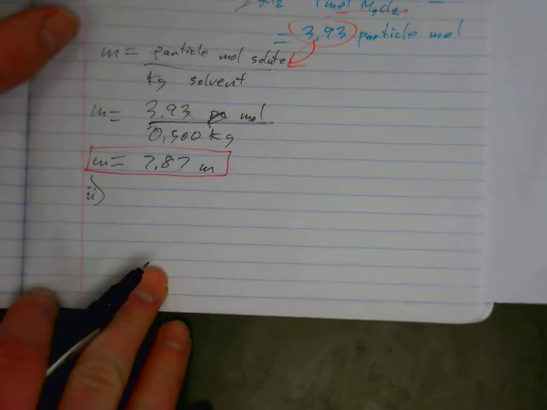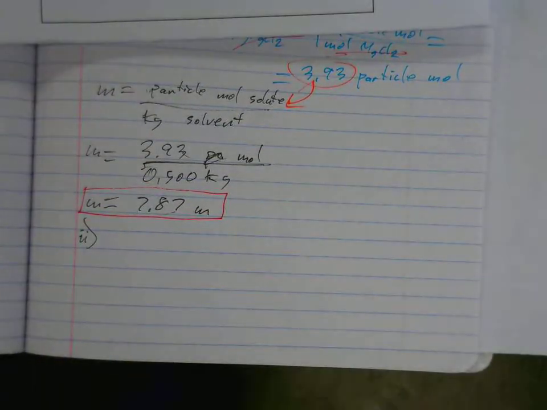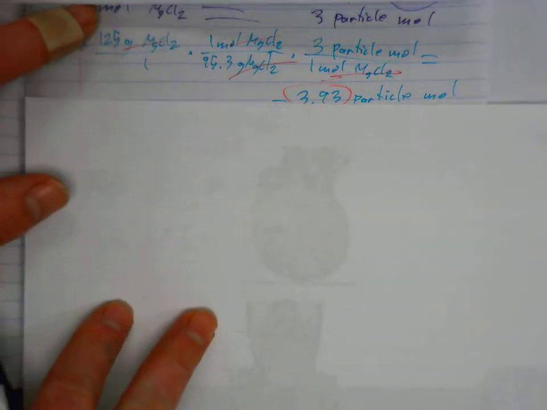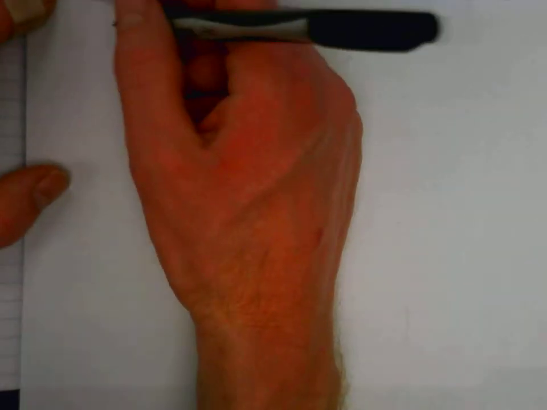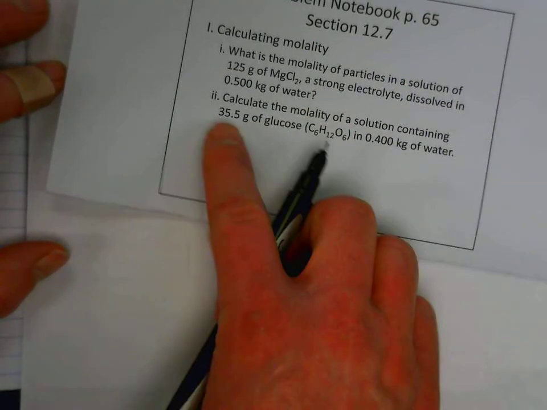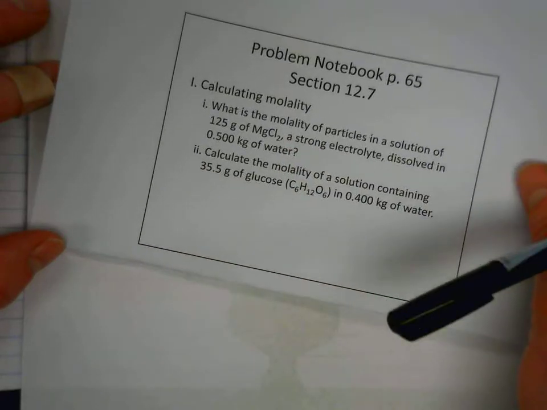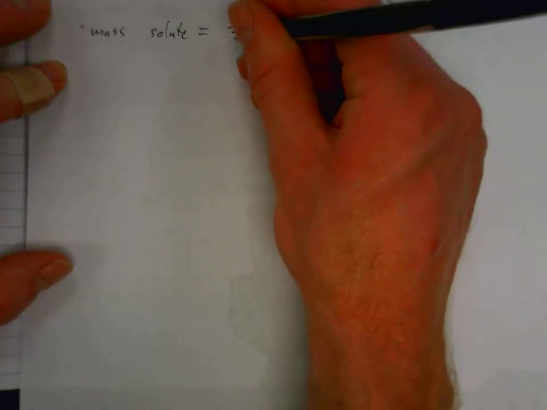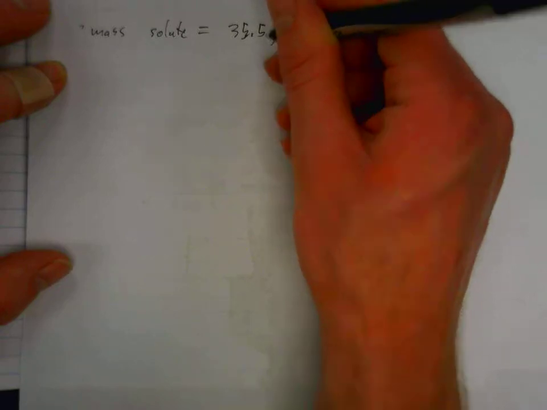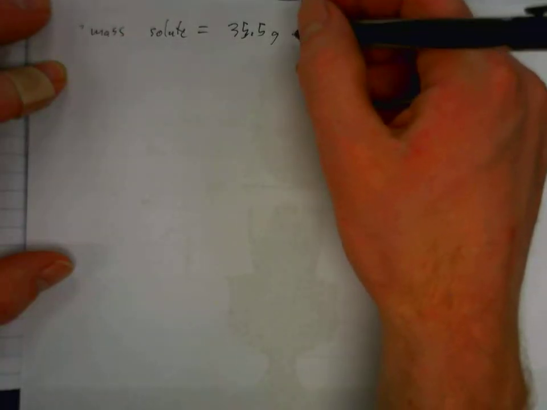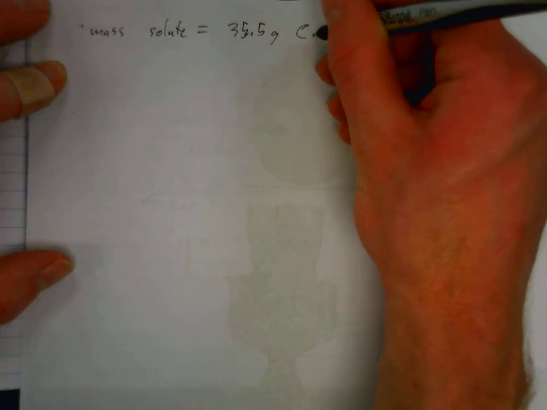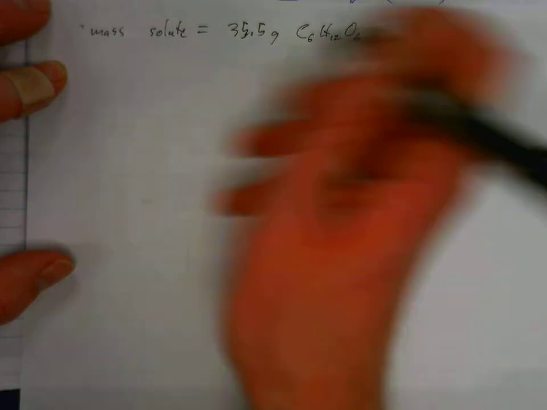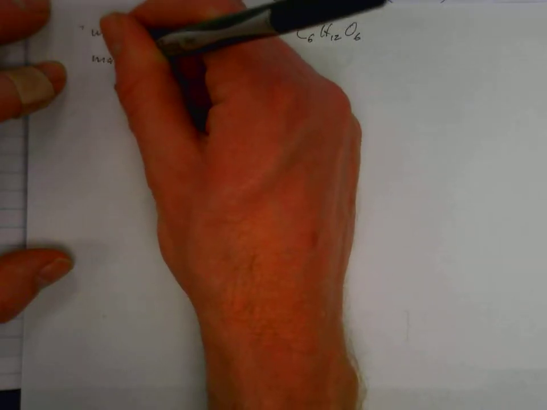This time we have the mass of the solute as 35.5 grams of glucose, C6H12O6, and the mass of the solvent is 0.400 kilograms of water. And so we want the molality.